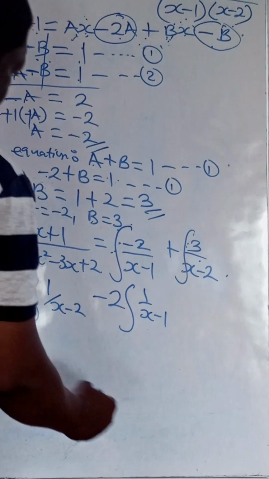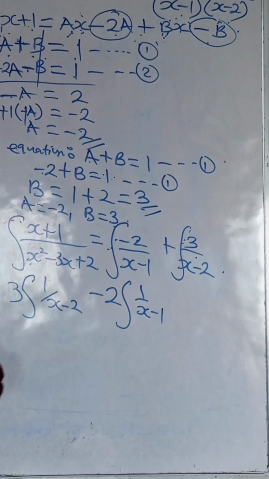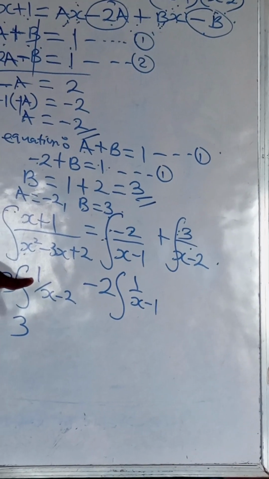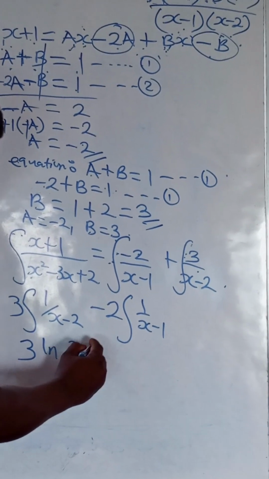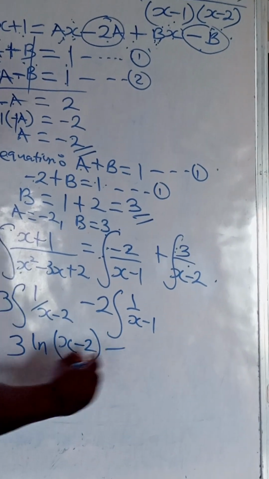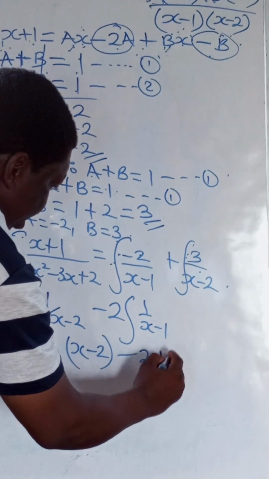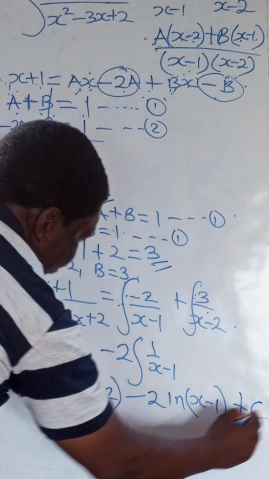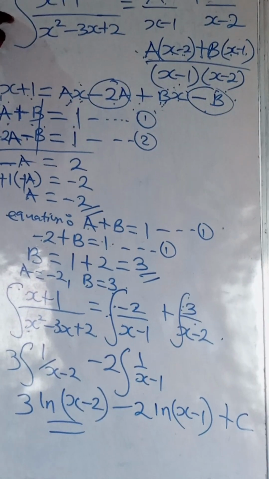Now I'm going to integrate this value. The integration of 1 over x minus 2 gives ln of x minus 2, in brackets. Then I have minus 2 here as well. The integral of 1 over x minus 1 gives ln of x minus 1, in brackets. Then add the constant value. This gives the answer to the question above.